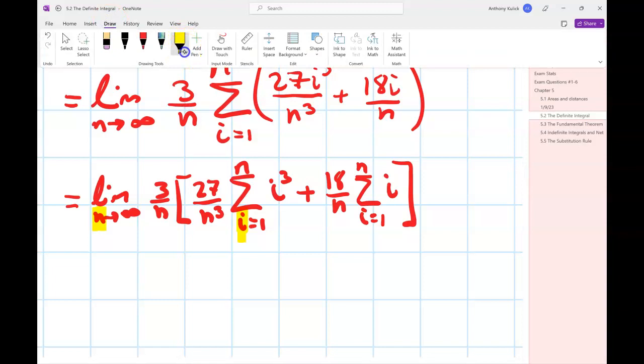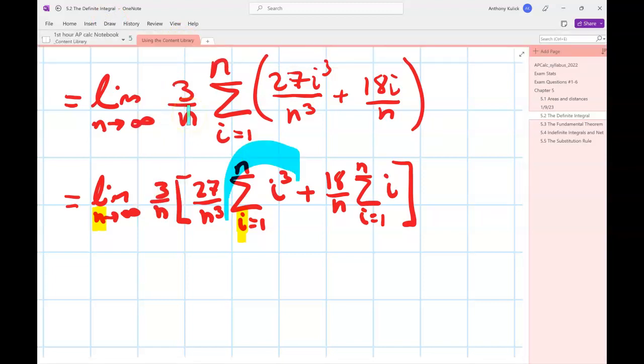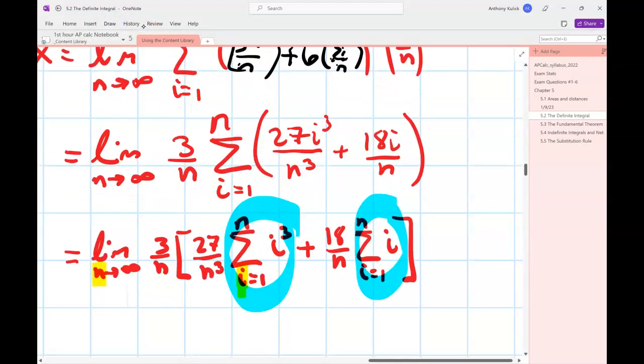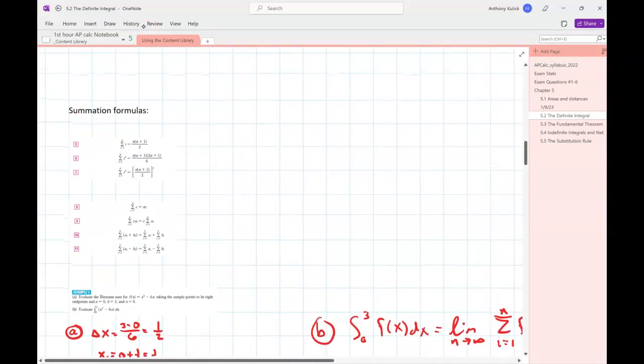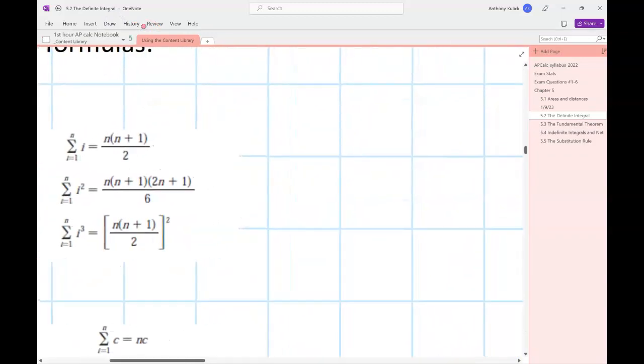Now I notice that, hey, this and this, I have a formula for. If I go back and I look at my properties, the sum from 1 to n of i is n times n plus 1 over 2. And the sum from 1 to n of i cubed is n times n plus 1 over 2 squared.